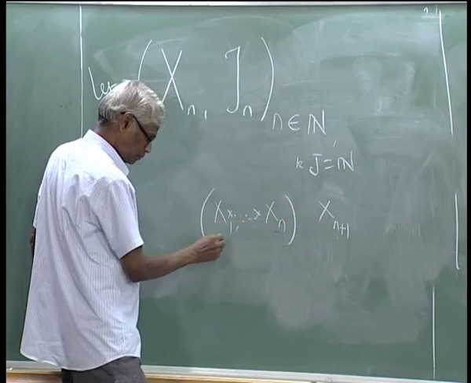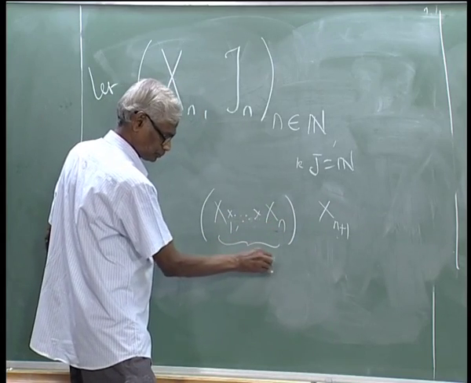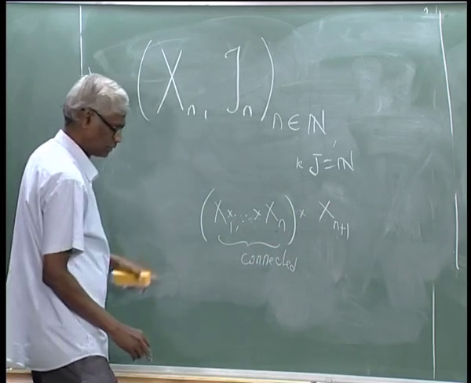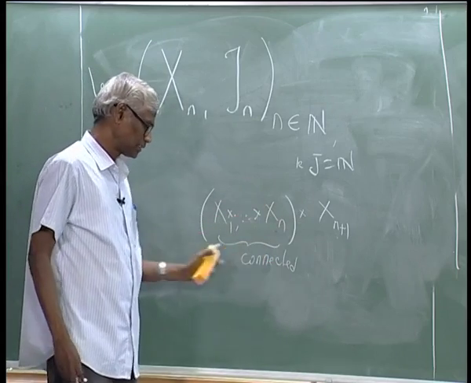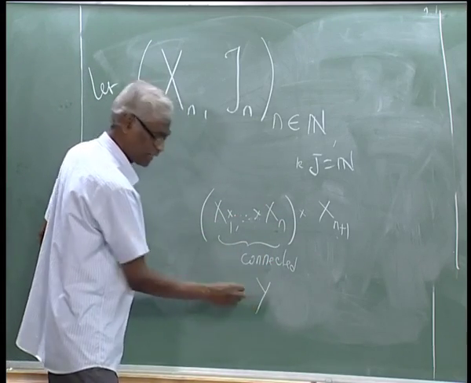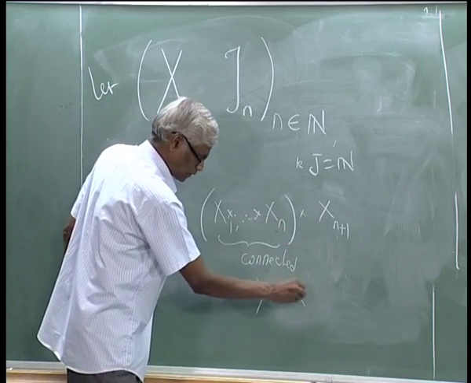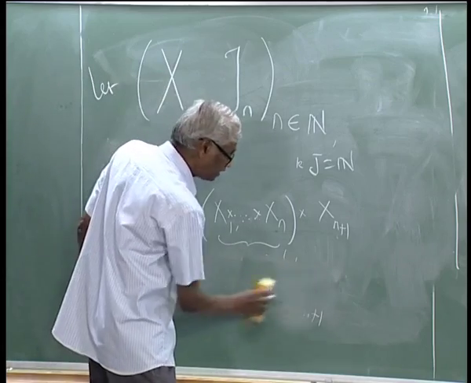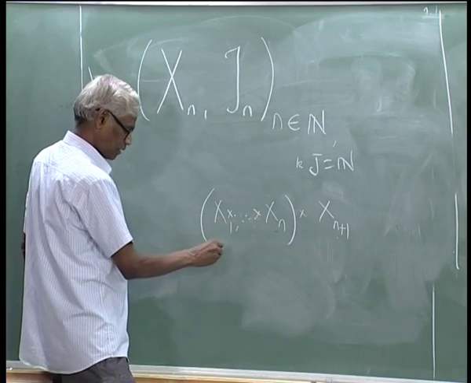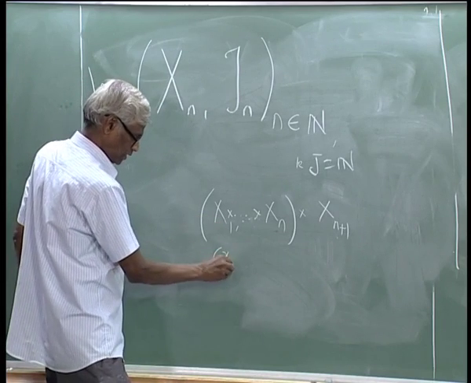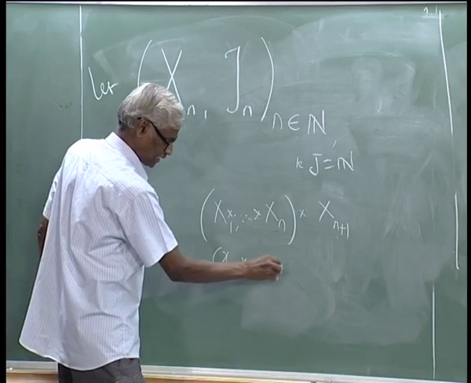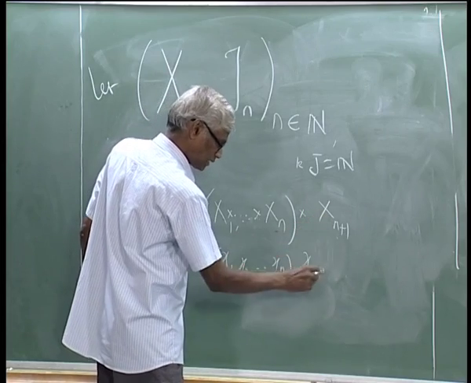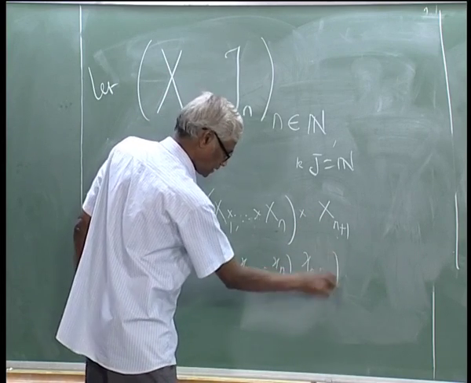Now this space X_{n+1} is connected, and we will treat the product of the first n spaces as one new space Y, which is connected. Then the Cartesian product Y cross X_{n+1} is connected, but we have to identify an element of the type (x1, x2, ..., xn) with an element small x_{n+1} in capital X_{n+1}.